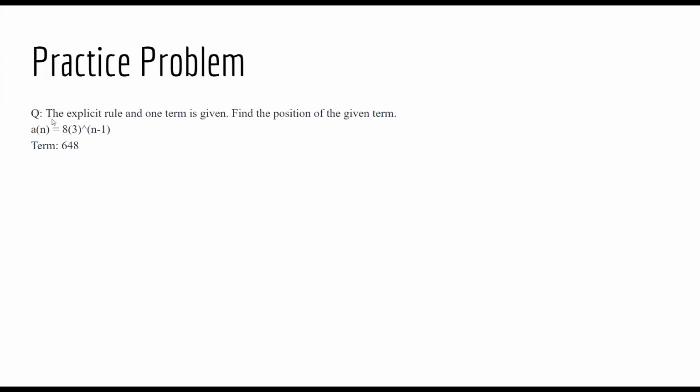So this is the practice problem for an explicit rule and one term. Okay, we can do it together because this is a unique problem. You have to recognize that this is a geometric sequence because there is a common ratio 3.